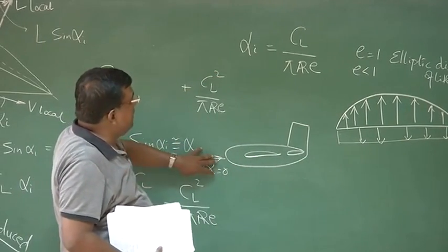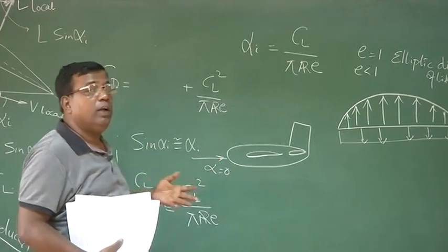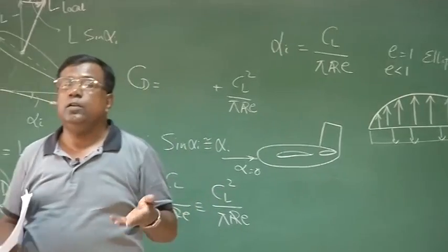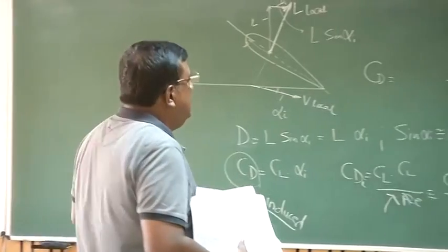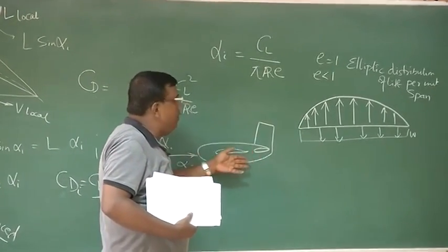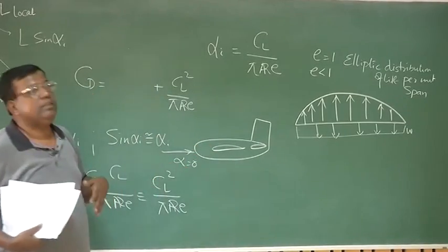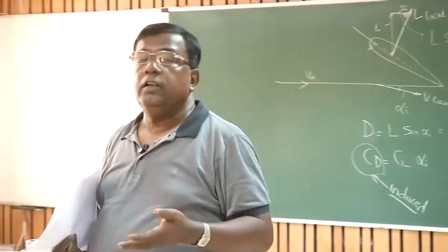The typical resistance for alpha equal to 0 we call parasite drag, which depends on the flow condition, whether it is low subsonic, supersonic, very high speed, and on the geometry of the airplane. You will know in aerodynamics something called Reynolds number, which is the ratio of inertia to viscous force.